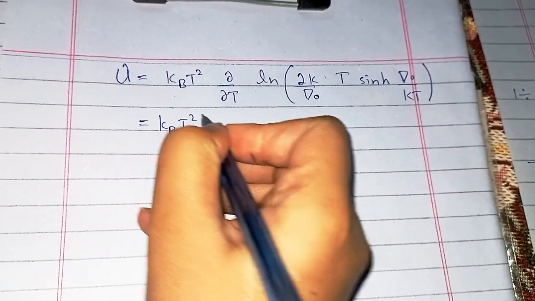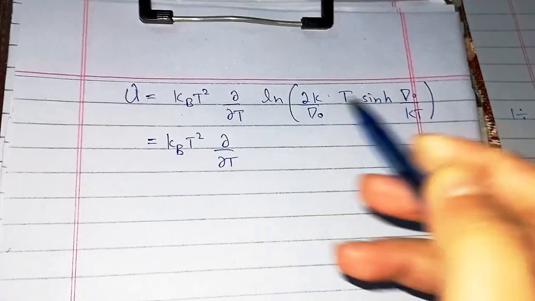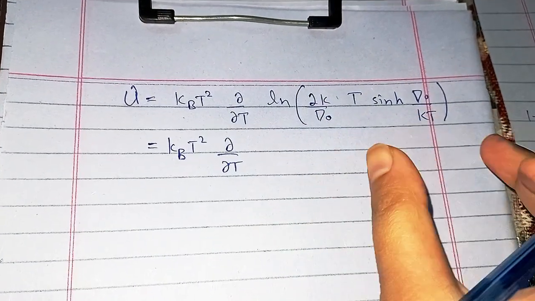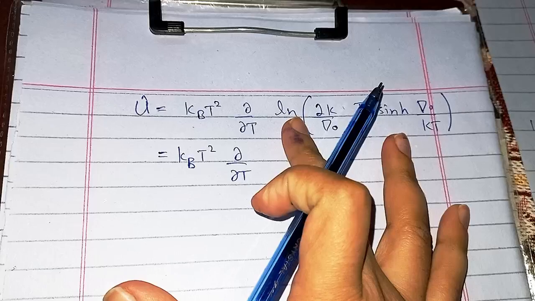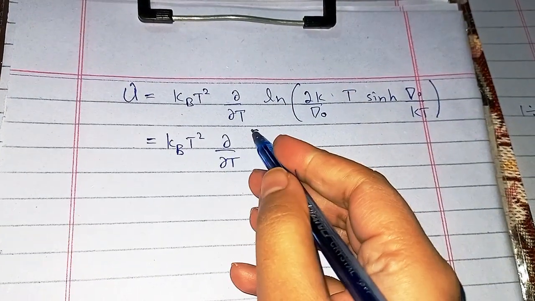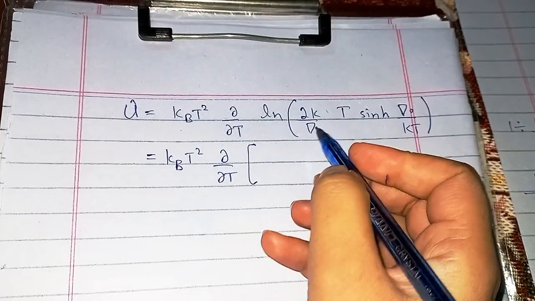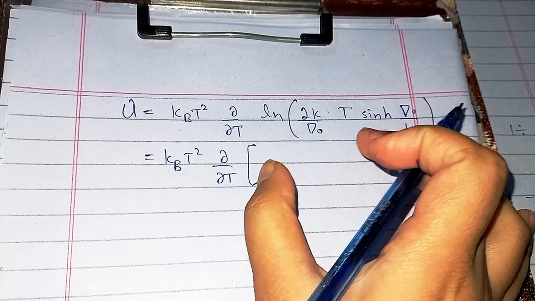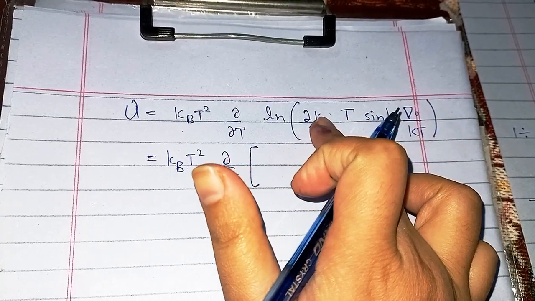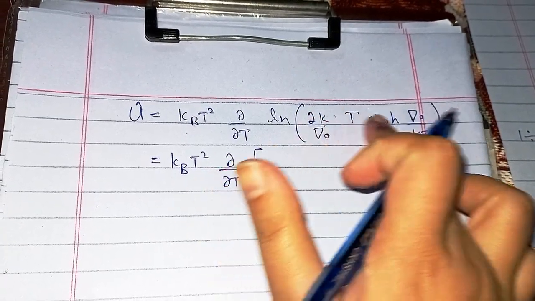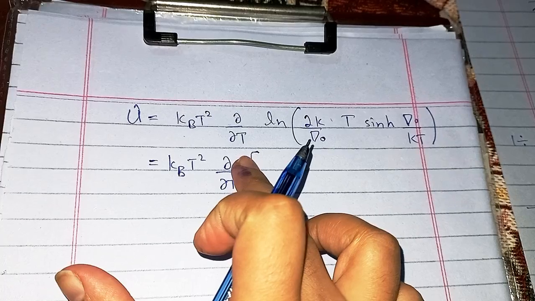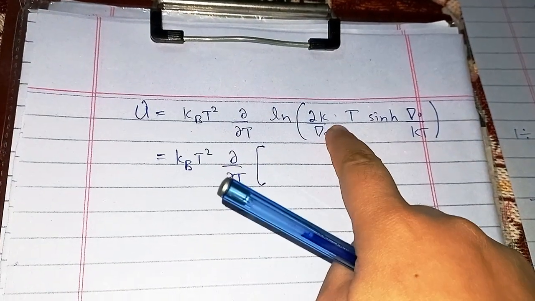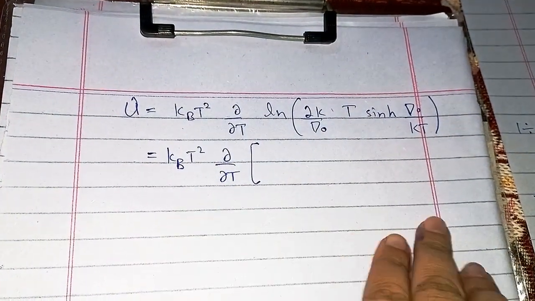kbT squared. Now it's a property of natural logarithms that whatever is inside being multiplied, we can separate the natural log over all of them, such that all of those terms which are being multiplied in the numerator will be added, while those which are in the denominator will be subtracted.